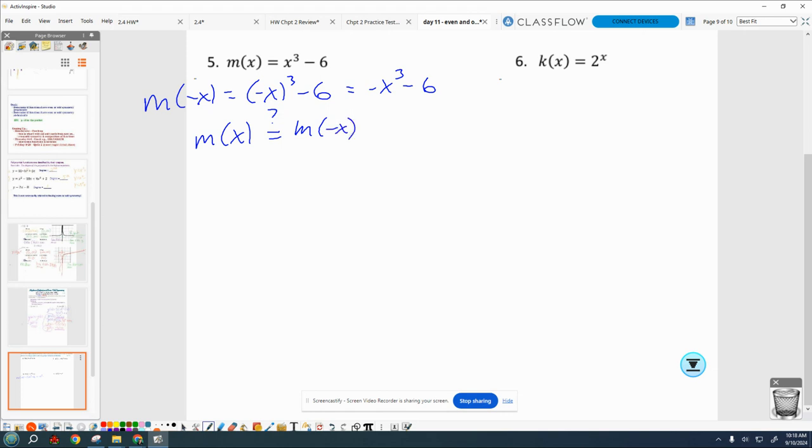Are those equal? Back line says no. So it's not even. Look at what we need to check. What else do we need to check?